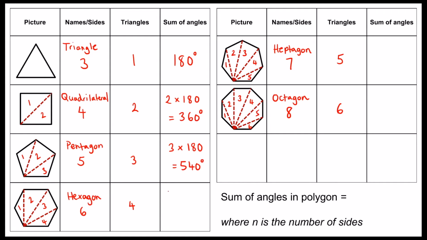And lastly my hexagon is four triangles, so four lots of 180 degrees, that is 720 degrees in total. I also have my heptagon that has 5 triangles, so 5 lots of 180 is 900 degrees in total. And lastly my octagon, which has 6 triangles, so 6 lots of 180 is 1080 degrees.